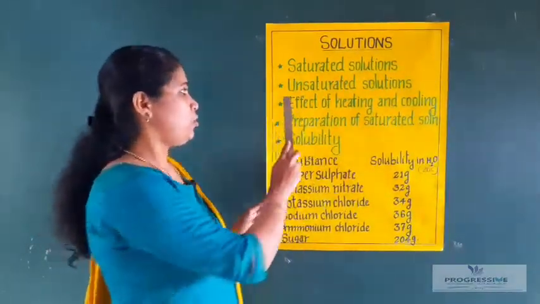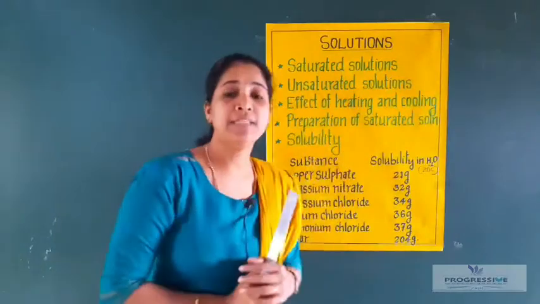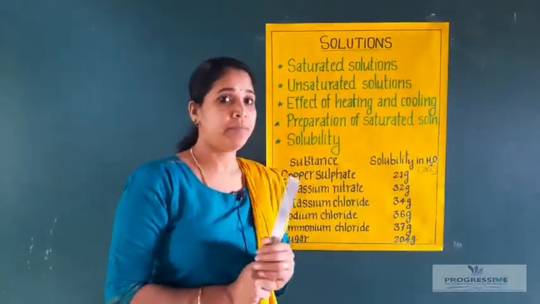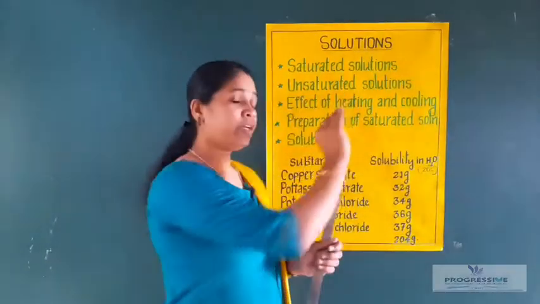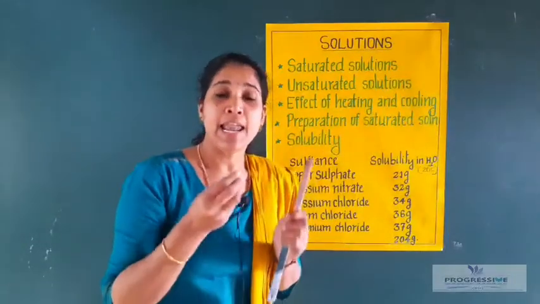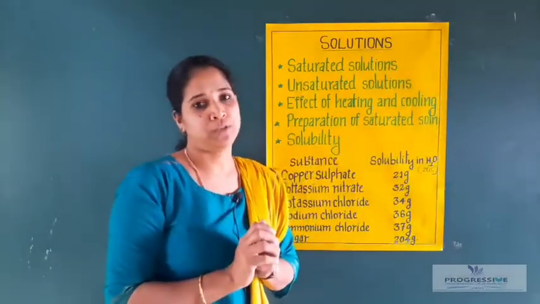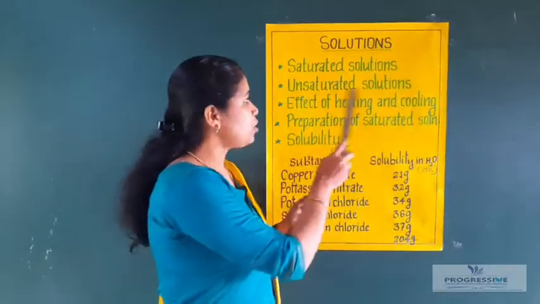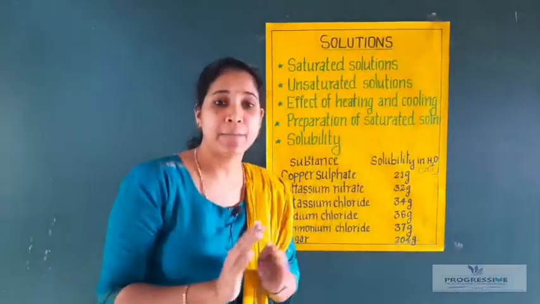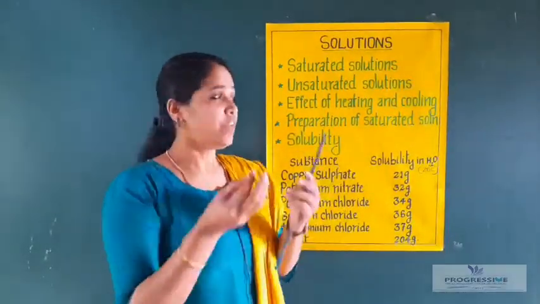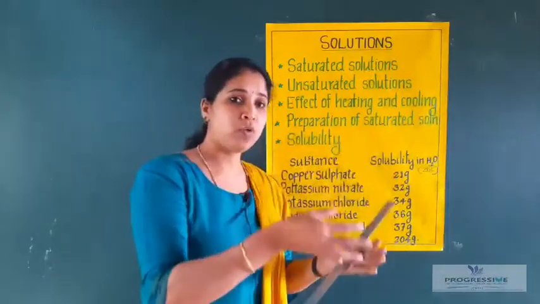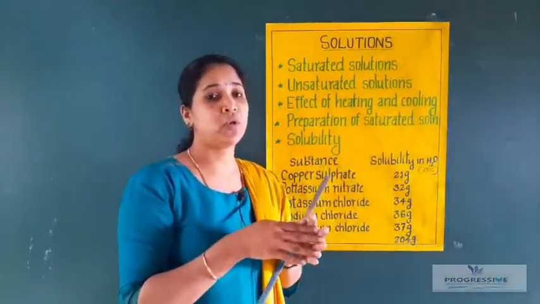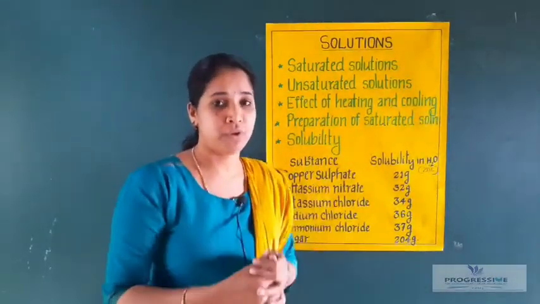That type of solution we call an unsaturated solution. That means this unsaturated solution contains a lesser amount of solute. So, we can add some more solute into the unsaturated solution until it becomes saturated.